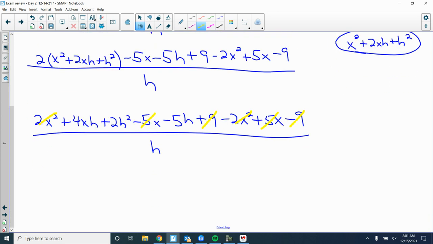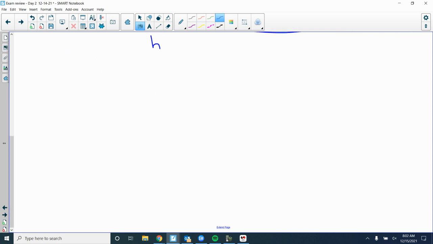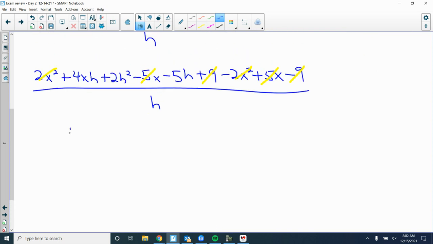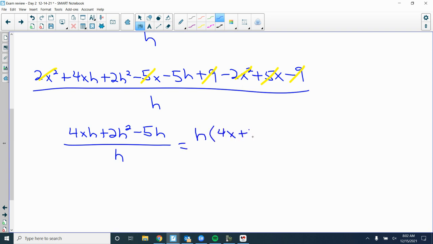And so now I got 4xh plus 2h squared minus 5h over h. When we are done, this h in the denominator should also cancel as well. Everything has an h, so I can factor out an h. This is really what's going on. I got 4x plus 2h minus 5 all over h.